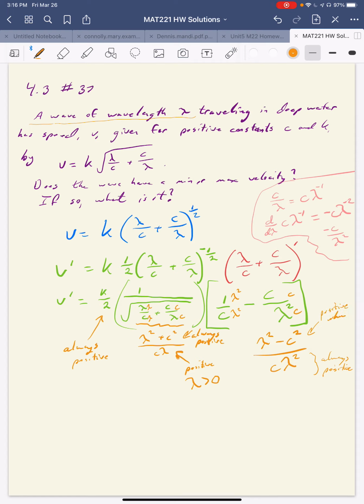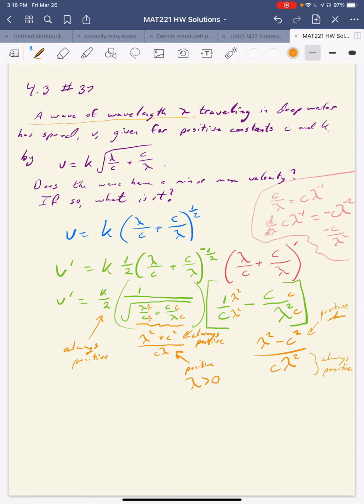So then I have k times c over c plus c over c, which is 2k. So my minimum velocity occurs when lambda equals c and is equal to 2k. So that is my minimum velocity, and that occurs when lambda equals c.